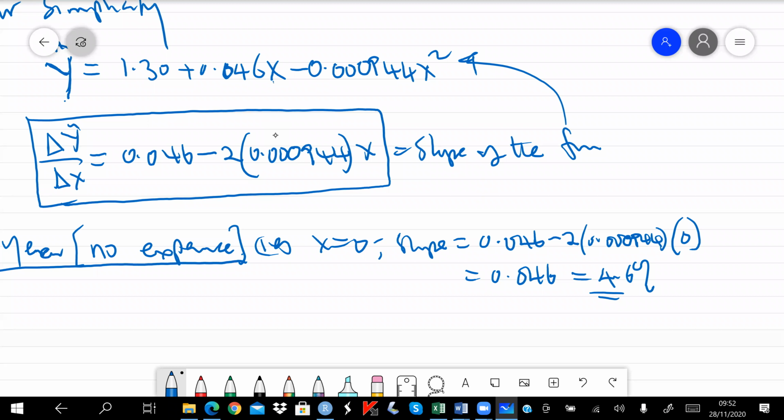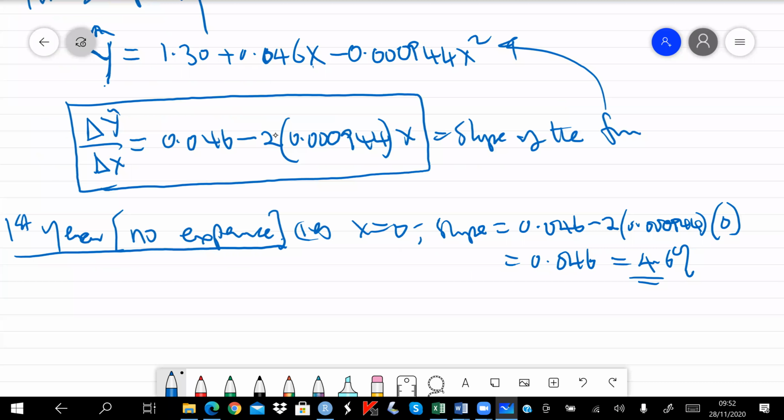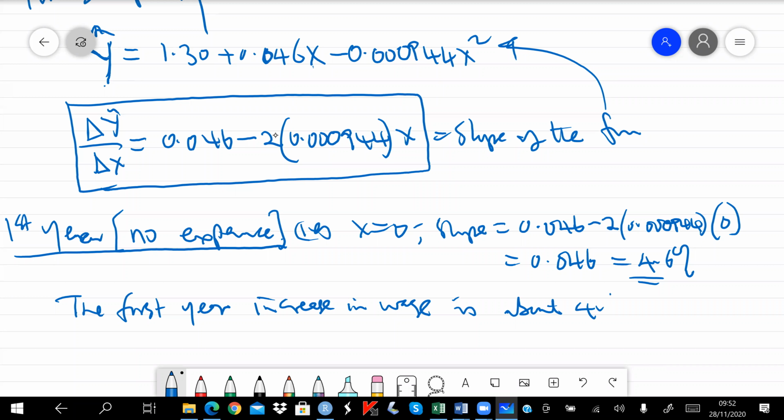And we interpret this as the first year increase in wage is about 4.6%.